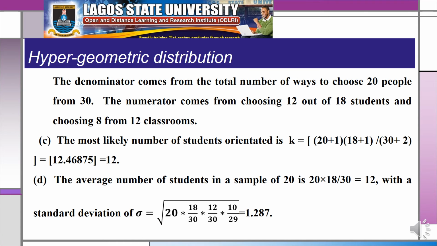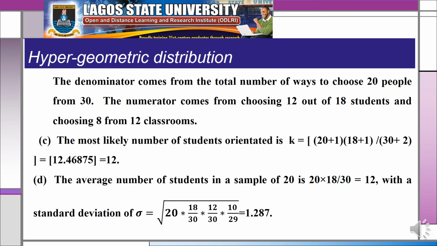The denominator comes from the total number of ways of choosing 20 people from 30. The numerator comes from choosing 12 out of 18 students and choosing 8 from 12 classrooms.